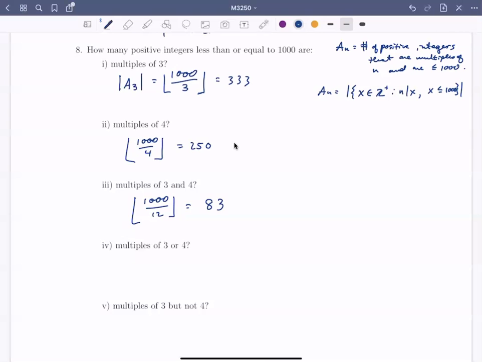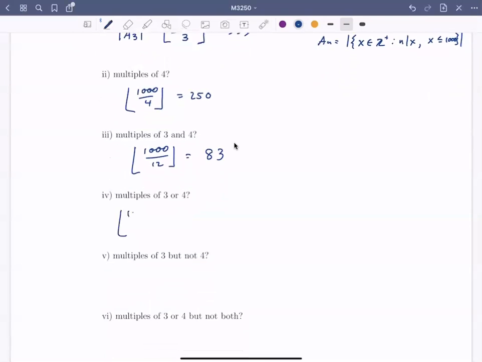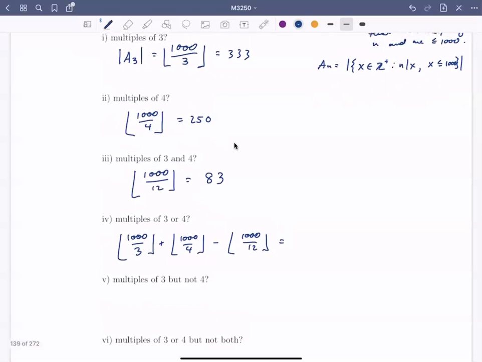Well, what we would do is we would add up the multiples of 3 plus the multiples of 4 minus the ones that are multiples of 3 and 4. And so this is going to end up being 333 plus 250 minus 83, which will turn out to be exactly 500. Okay, so a nice even number there. So it turns out that half of the numbers from 1 to 1,000 are multiples of 3 or 4.